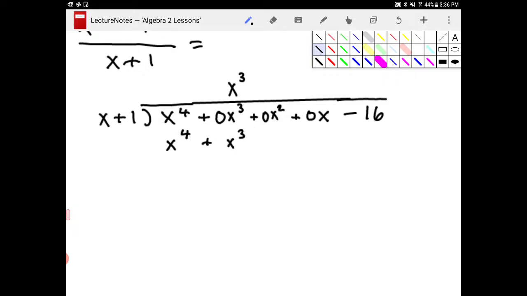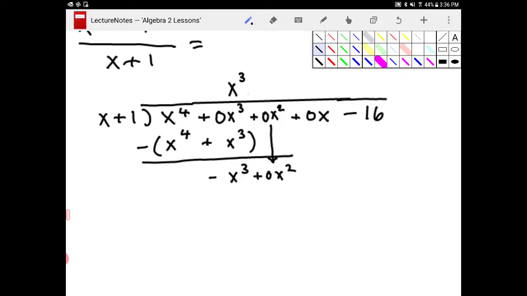And just like with long division, I am going to perform a subtraction. When I do, I'll end up with negative x to the third. So the next thing we're going to do, normally what would happen is this number then would come down, right? So I'm going to actually write that plus 0x squared. So what am I going to multiply now to cancel out the x to the third?